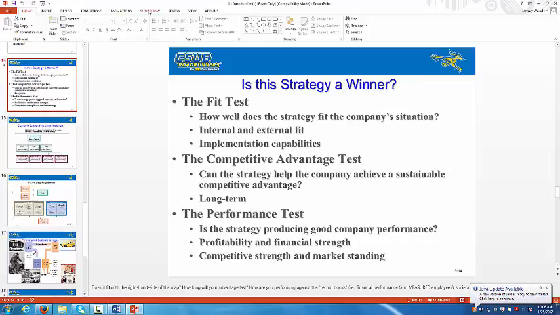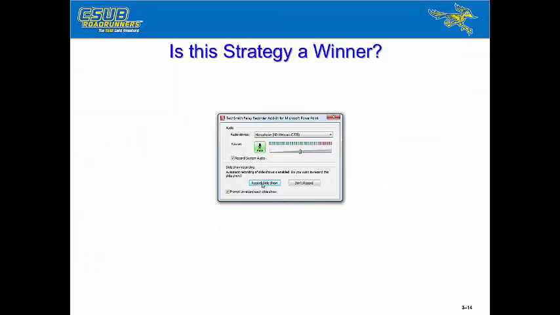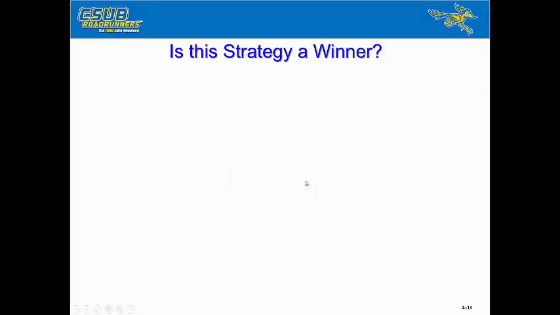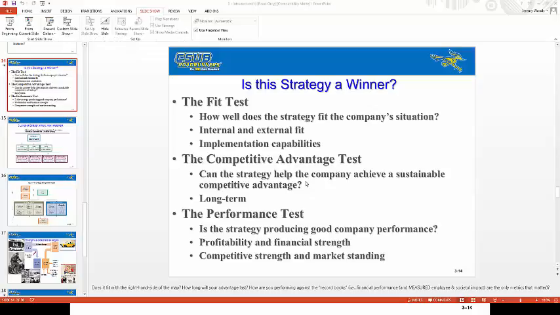Next slide is, is this strategy a winner? So how do you determine if your strategy is going to work or not? Well, first of all, the full Hambrick model that we had, if you remember last time, has vision, mission, goals here, and then external, internal environment assessment here, and implementation down here, and then it's got that diamond that we just looked at here.